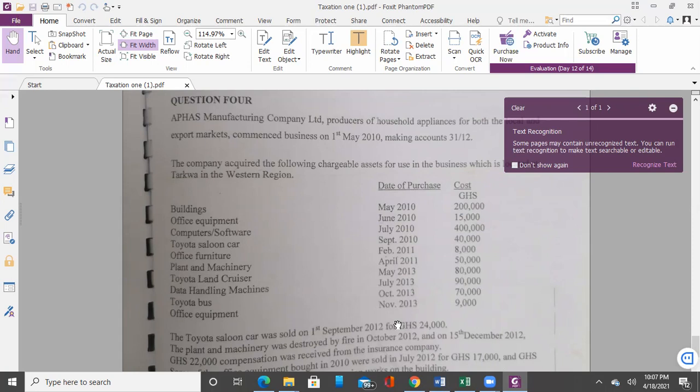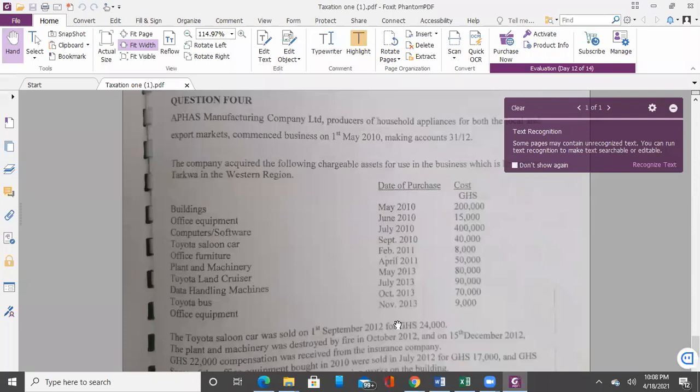Any of the terminologies they use, they all mean the same thing. They commenced business on 1st May 2010, making accounts up to 31st December. So the dates they gave you over there are not for giving sake, but they serve a purpose.